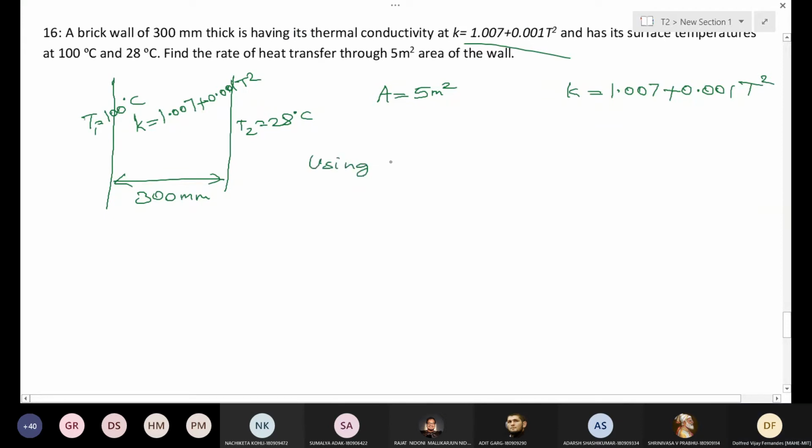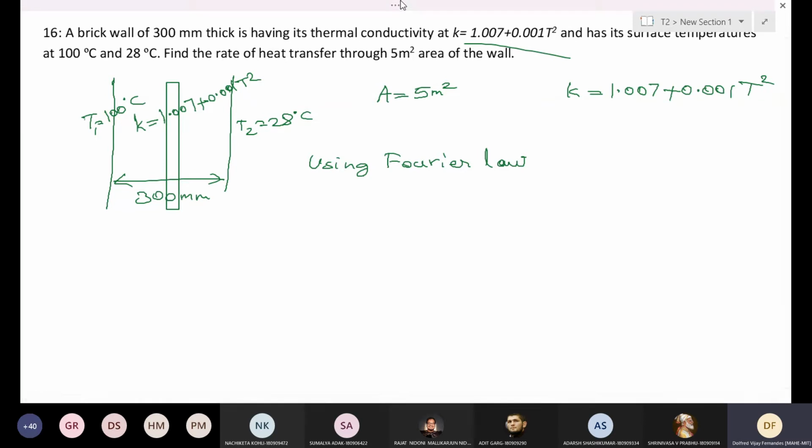Using Fourier law, again you have to consider an element here, a vertical element at distance x from the left side.